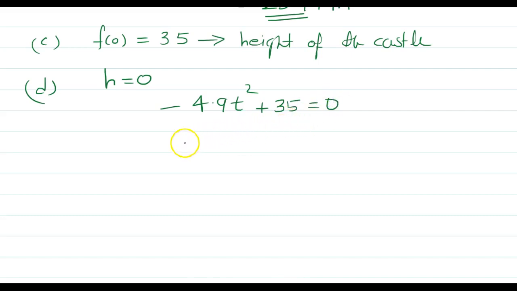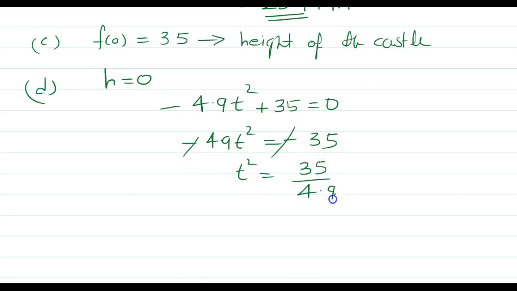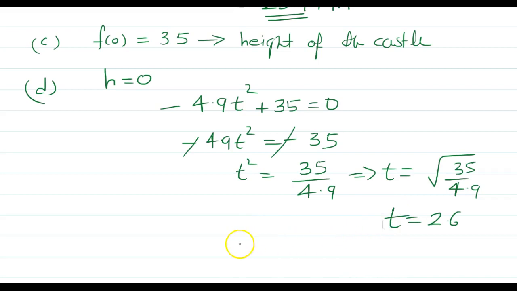So it means minus 4.9 t squared equals minus 35, minus minus cancel, t squared equals 35 divided by 4.9, and this will give you t. If you solve this, it will be nearly 2.6. So time will be 2.6 seconds.